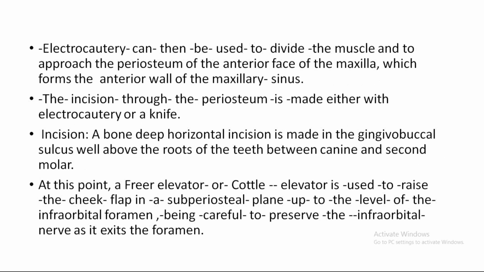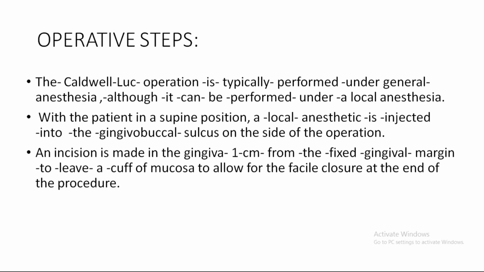Okay, good. Electrocautery can then be used to divide the muscle to approach the periosteum on the anterior face of maxilla. Now, the most important thing over here is the incision starts at the lateral incisor, not central incisor, and goes right up to the second molar. So roughly 5 to 7 centimeter in length.